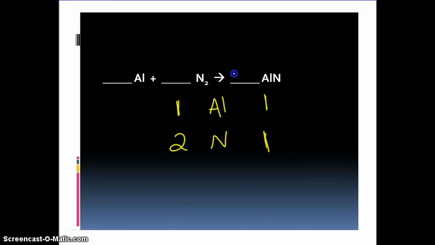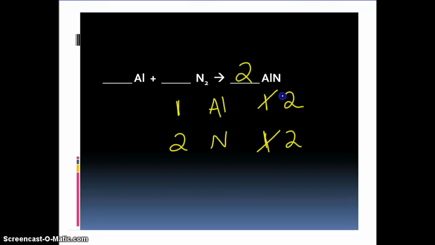Okay, so I want to add coefficients, big numbers in front, to try to get the nitrogens and aluminums equaled out. Aluminum is good right now, but we've got to look at the nitrogen. We need 2 nitrogen on this side, so you put a big 2 in front, so you've got 2 nitrogen and 2 aluminum now. Now your aluminum is messed up.